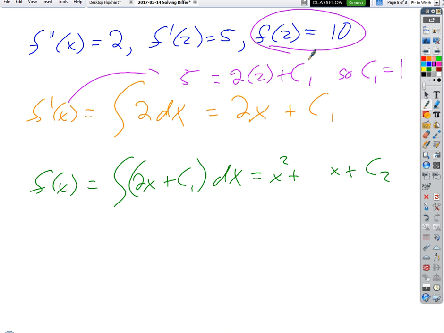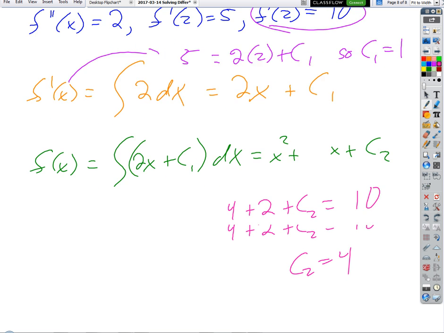When we evaluate f at 2, we get 2 squared plus 2 plus c2 equals 10. So then what do we get? c2 equals 4. That's nifty.